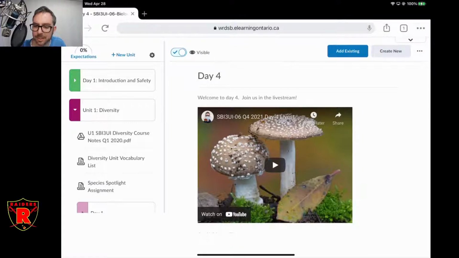How detailed does it have to be? Again, I'm assuming, Kim, that you're talking about the species spotlight assignment. How detailed? It needs to include all of the required information. The instructions discuss what you need for each section. Perhaps that's a better question that I can answer one-on-one, because I'm not sure what about that you're asking.